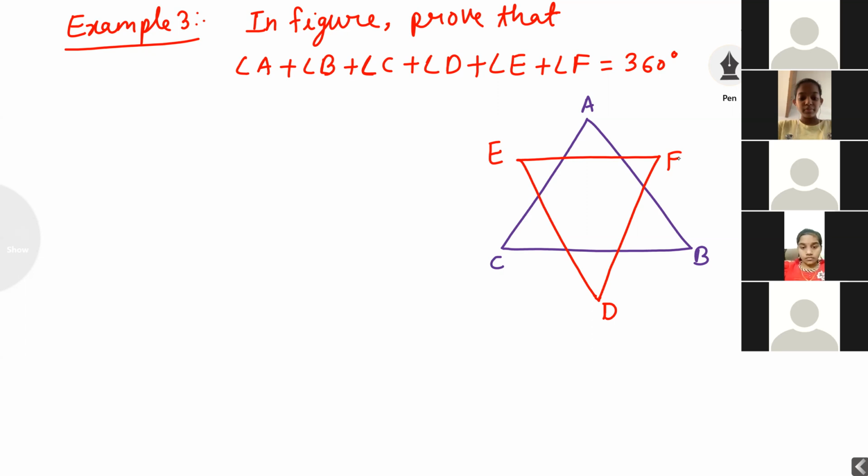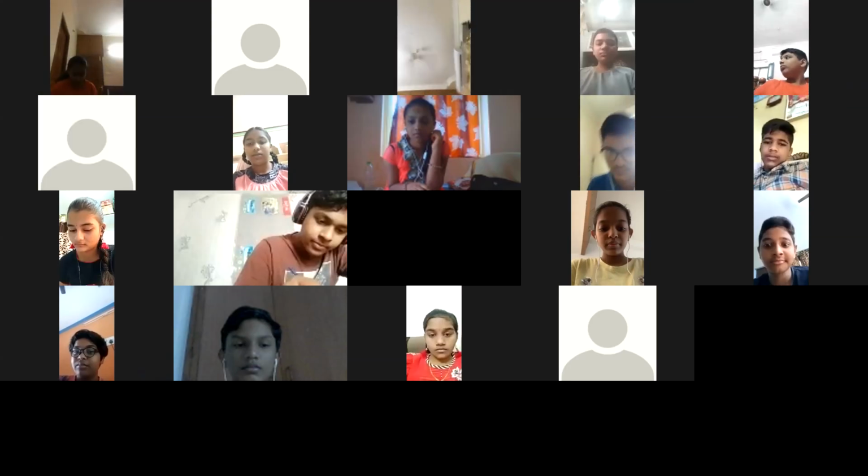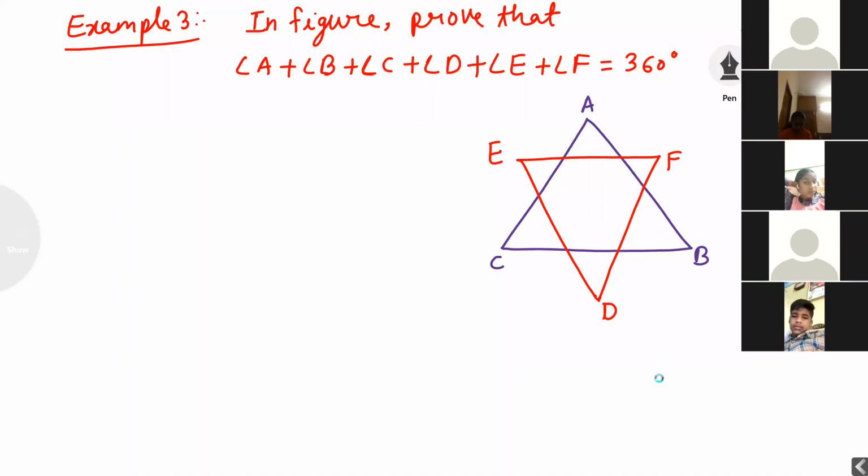I will give chance to say the answer, how to solve this question. First draw this figure everyone. In this figure, we are observing student, there are two triangles. First triangle is ABC, second triangle is EFD. In first triangle, I want to apply angle sum property of a triangle.